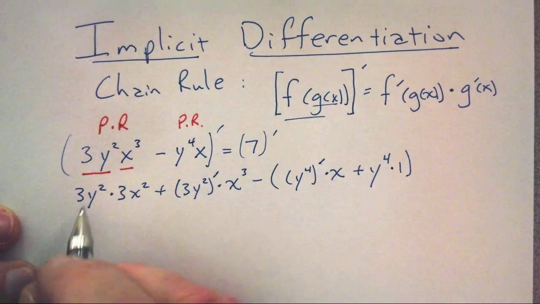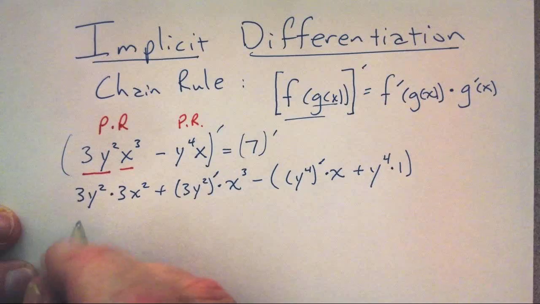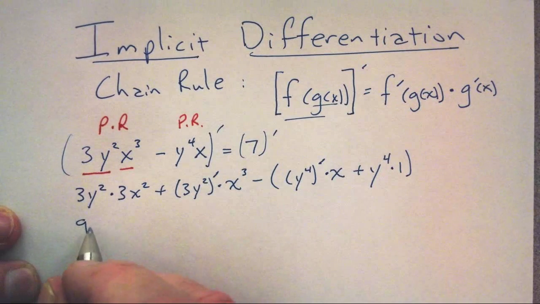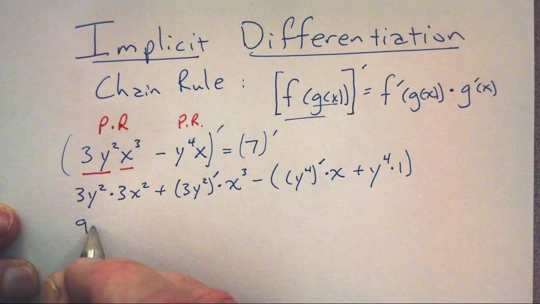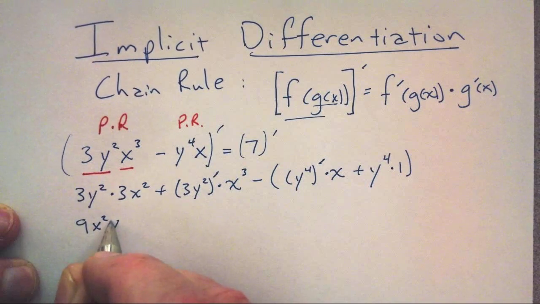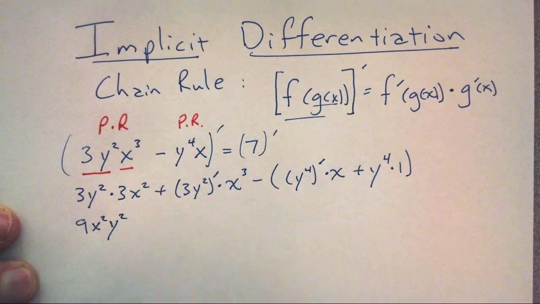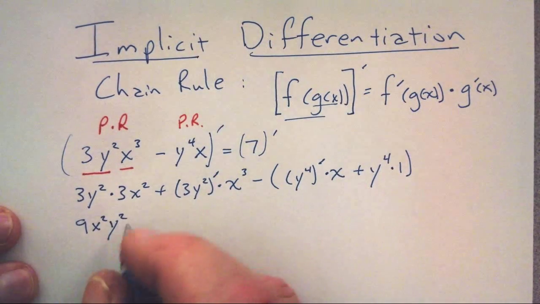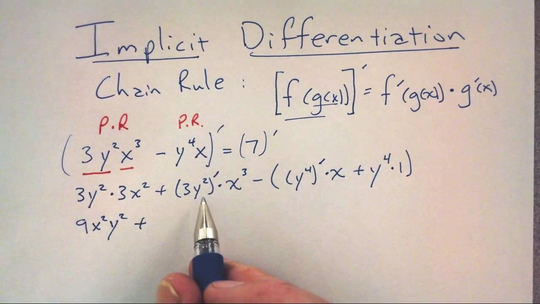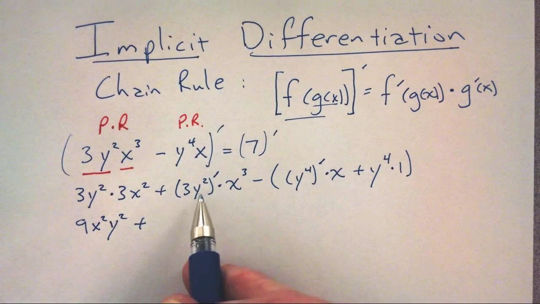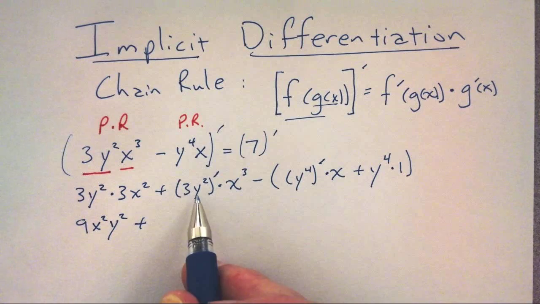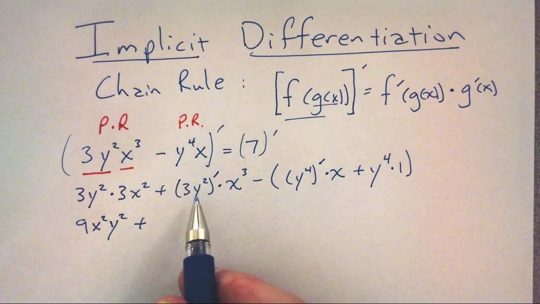Okay, so we've got, this one's simple enough. Here we've got 9 x squared y squared, no real reason there. Now I need this guy's derivative. We need to realize that if we solve this equation for y, we would have y is a function of x.